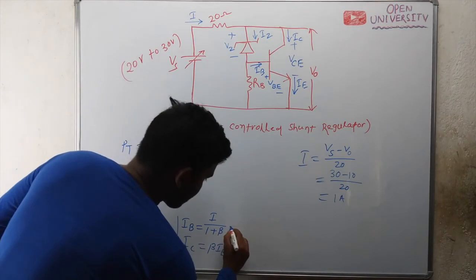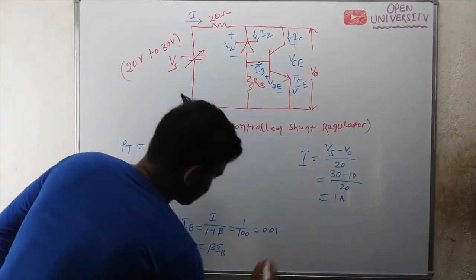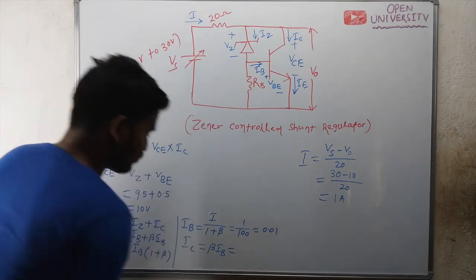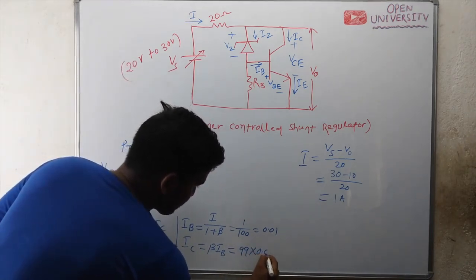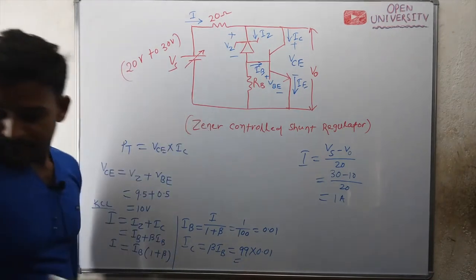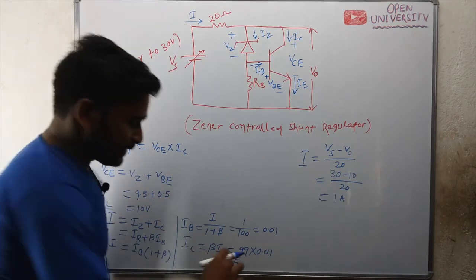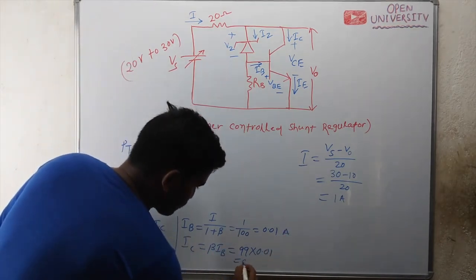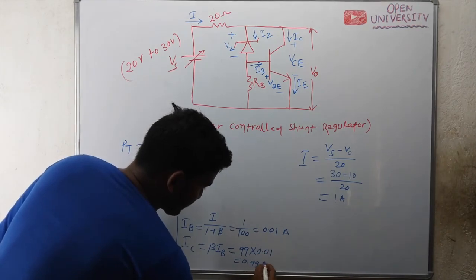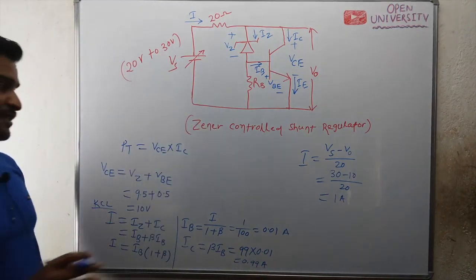So 1 by 100, that is 0.01. Then IC will be beta, that is 99, into 0.01, which is 0.99 ampere. This is your IC value.